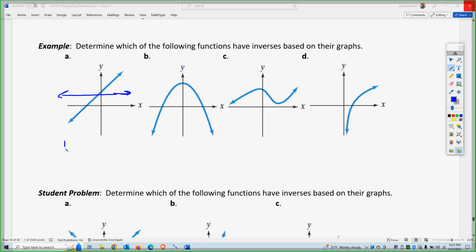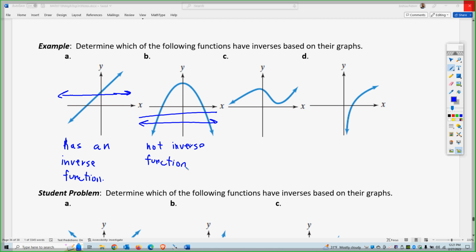Yes, it has an inverse function. This one does not pass. That's not really horizontal, let's try that a little better. No inverse function.